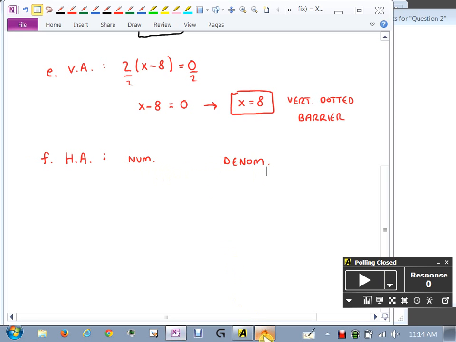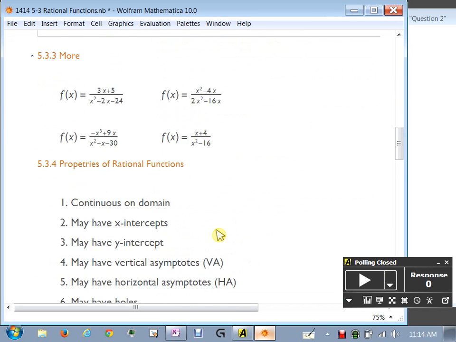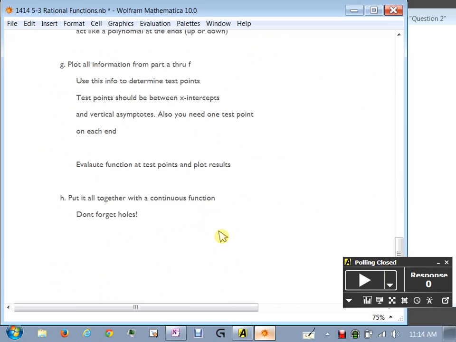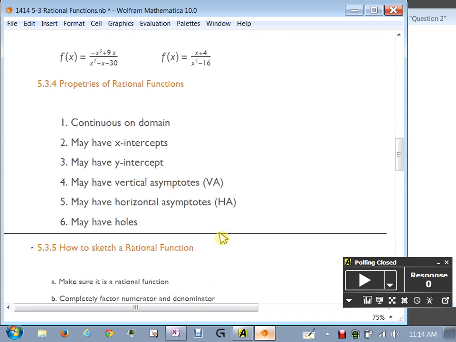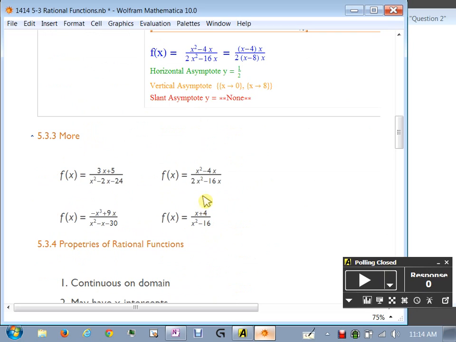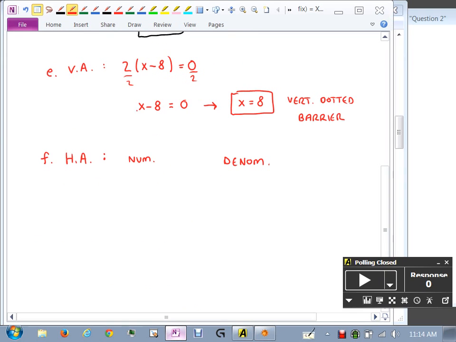So go back and look at your function. What was the degree of the numerator? 2. Yeah, the degree of the numerator is 2, right? It's the power up there, the highest power. So it's 2. What is the degree of the denominator? It's also 2, right?